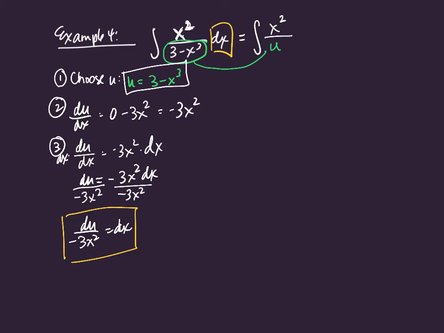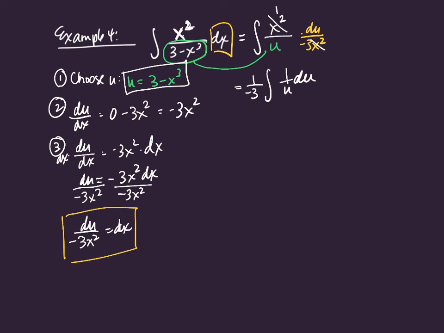And then dx is du over negative 3x squared. And we simplify, x squared over x squared is 1. And I'm left with a negative 3, or a 1 over negative 3. So I'll bring that to the front. Right, just a little bit of the commutative property going on there, and some properties of integrals. The constant multiple property.